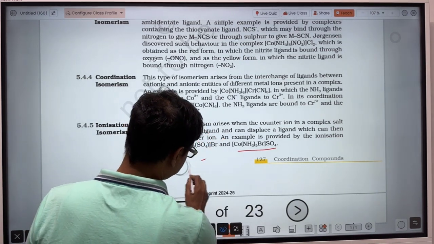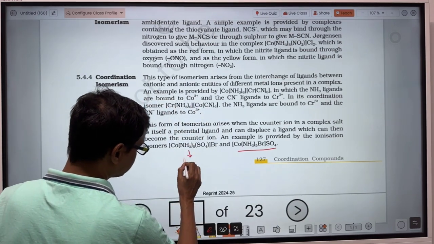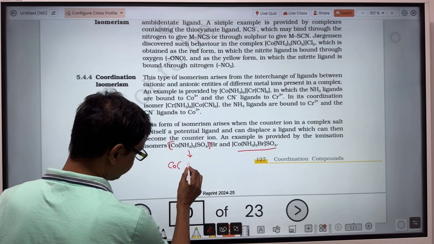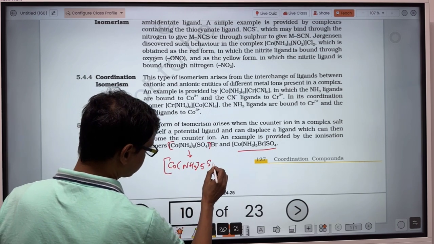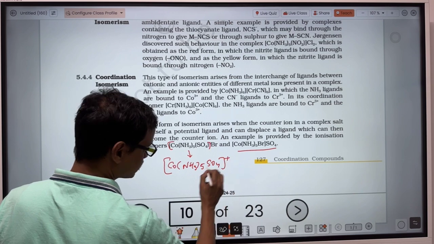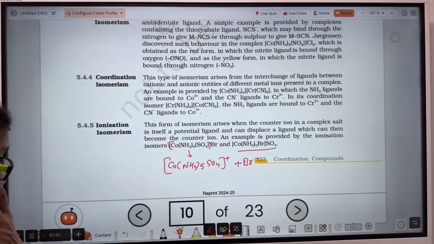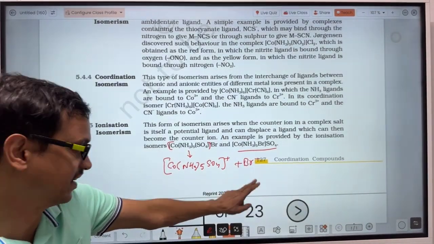So when that dissolves in water, what ions will you get? Inside the sphere, it will not dissociate. So this compound will give the test for bromide ion and not for the sulfate ion.